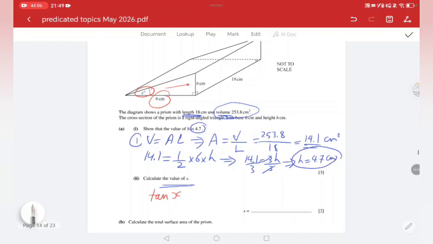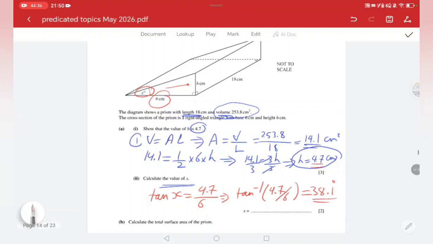So tan x equals the opposite, h, which is 4.7, over the adjacent, which is 6. So the tan inverse of 4.7 over 6 will give us the angle. Let's calculate tan inverse of 4.7 over 6.